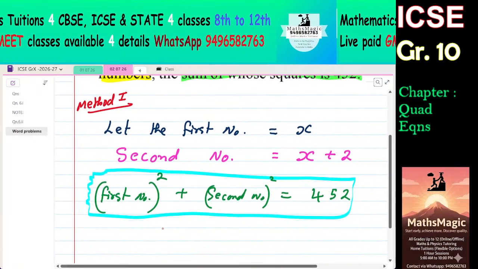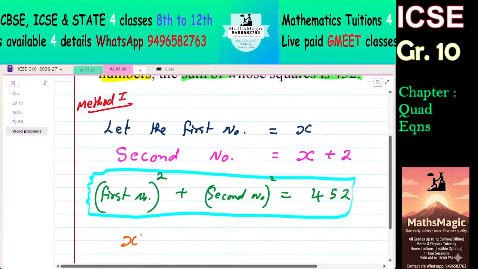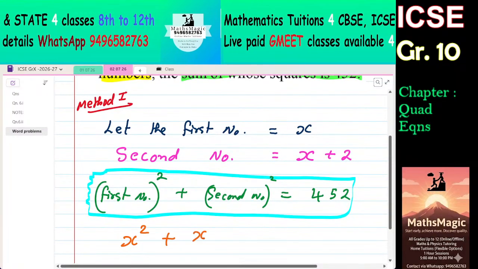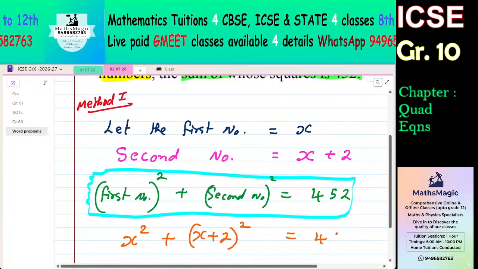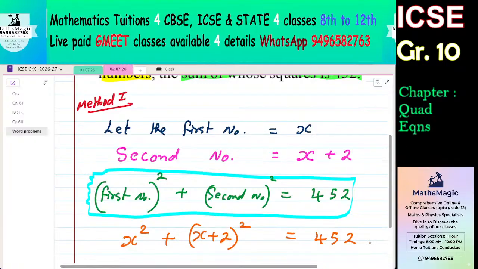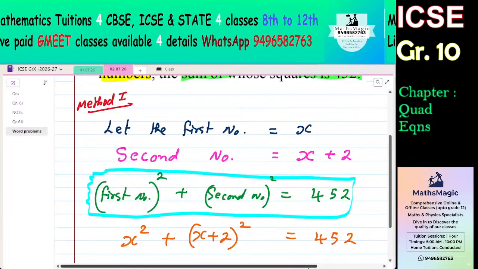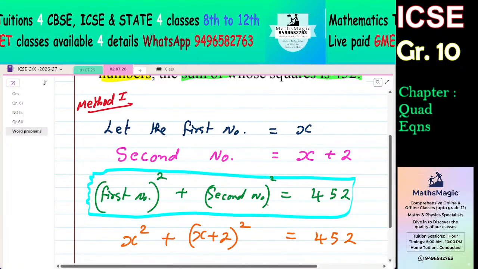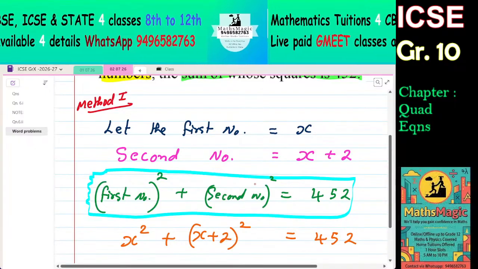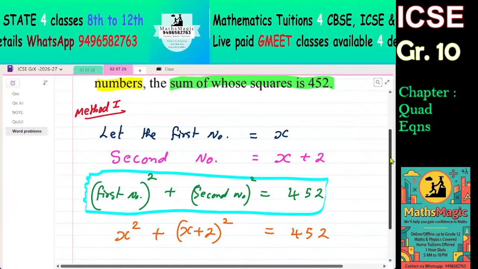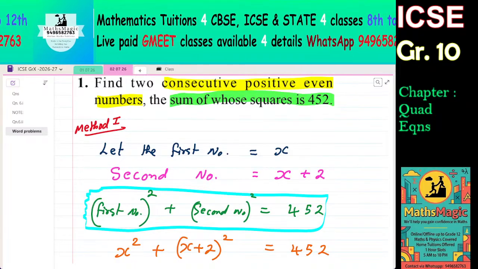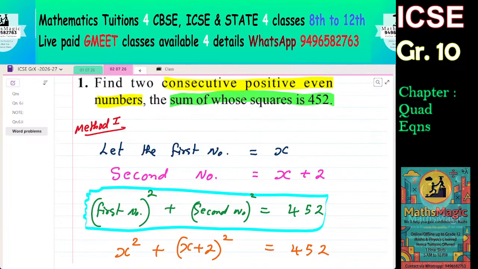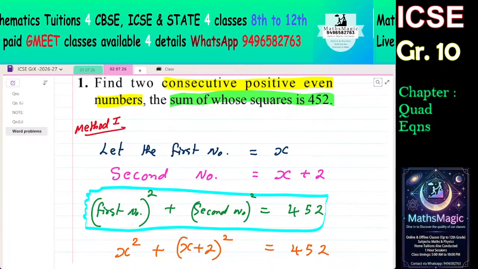Now it's pretty clear that x squared plus (x plus 2) all squared gives 452. Now you need to make a quadratic equation and solve it further. Okay. Copy down these steps and try to solve it. I'll give you some more word problems that we'll discuss later on.